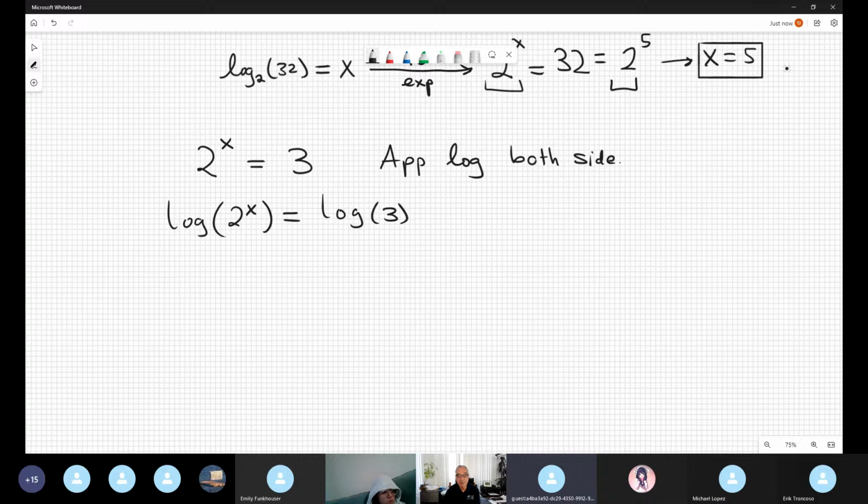Before, I applied ln. Now I apply log. Either way, the answer doesn't change. I illustrate. Now you apply property number 7, which is magic. Allow me, this exponent goes to the front.